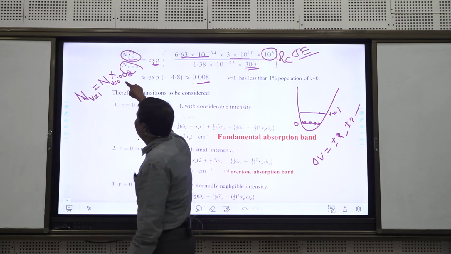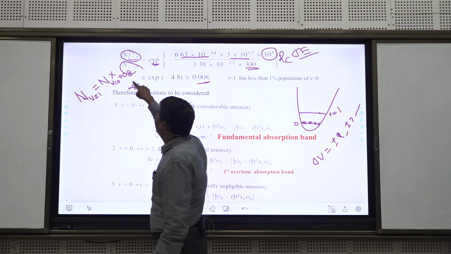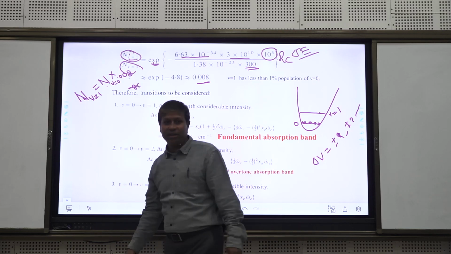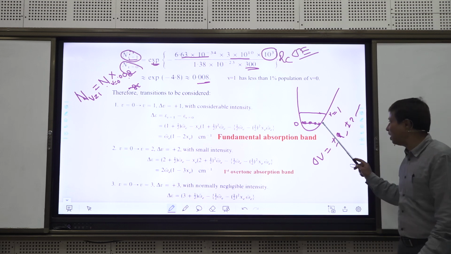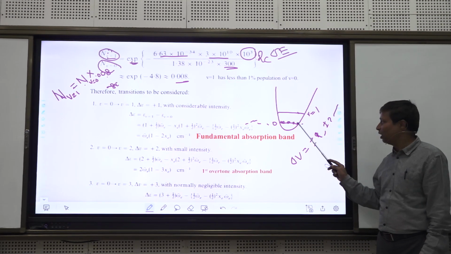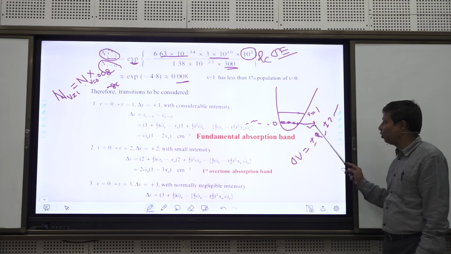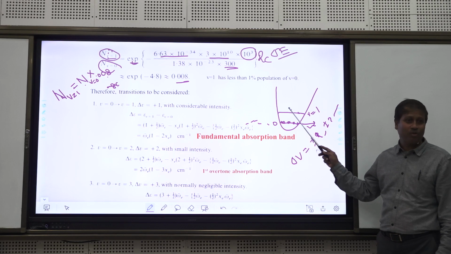If you multiply by 100, that means 0.8. So not even 1%. If you have 100 molecules at V equal to 0, then you have 0.8 at V equal to 1, meaning not even one molecule.